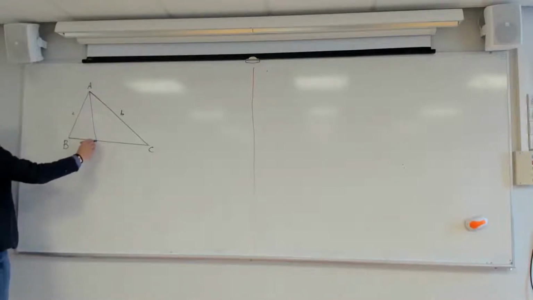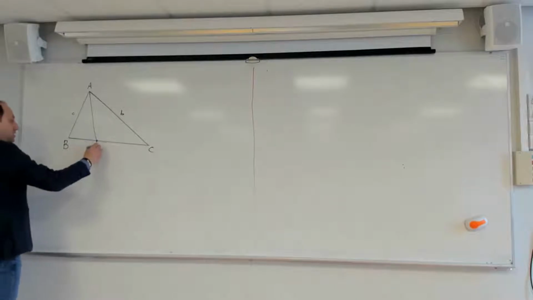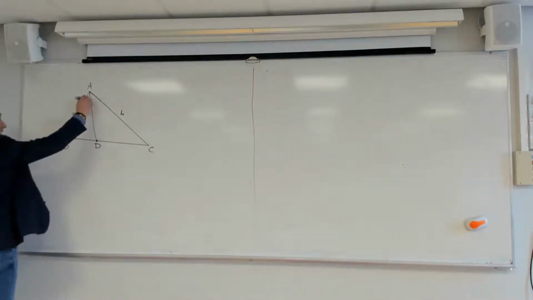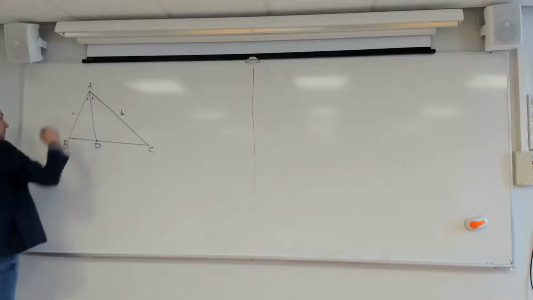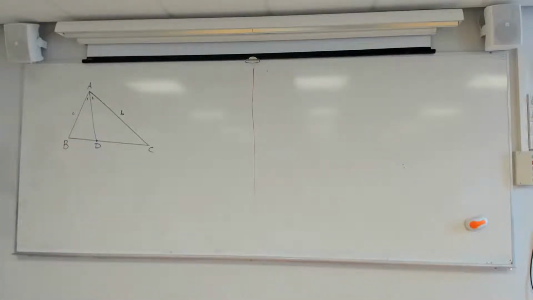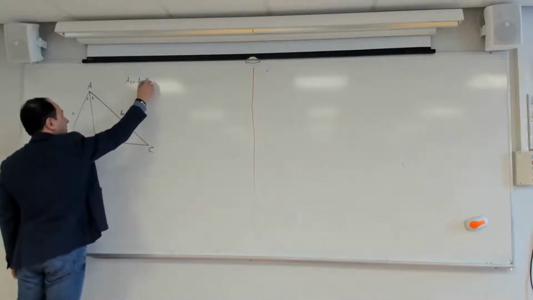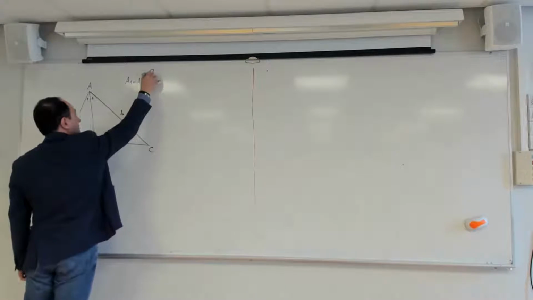And this will go and intersect the opposite side at some point D. Yes? So what I know is that A1 is equal to A2. So we know that. So what we want to show is the question mark.